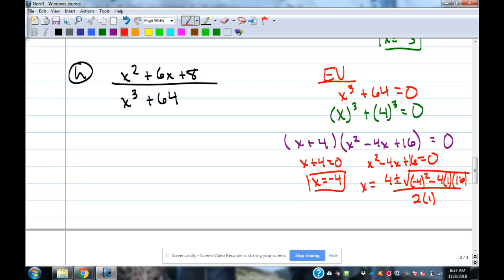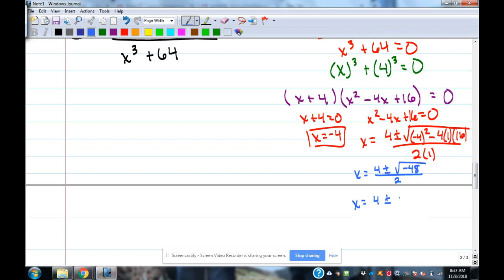So we'll work that out. 4 plus or minus 4 squared is 16 minus 64 would be negative 48. And I've got a negative under the radical, so that means we're going to have what kind of answer here? Complex, that's right. Yeah, good. Complex. It's got an i. It's going to come out. What else is going to come out with that i?